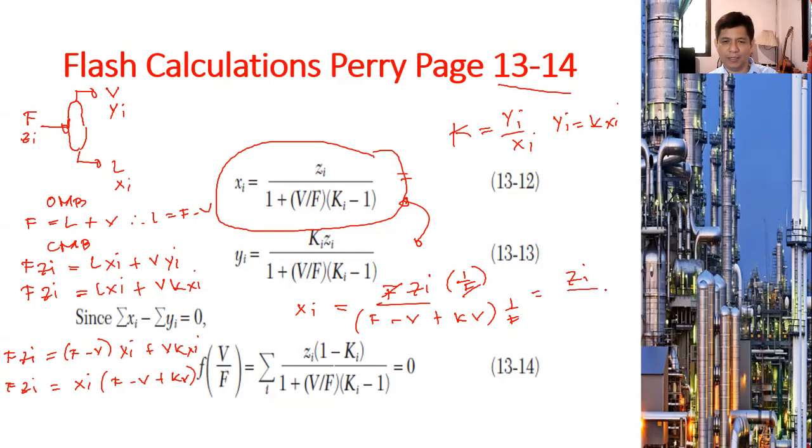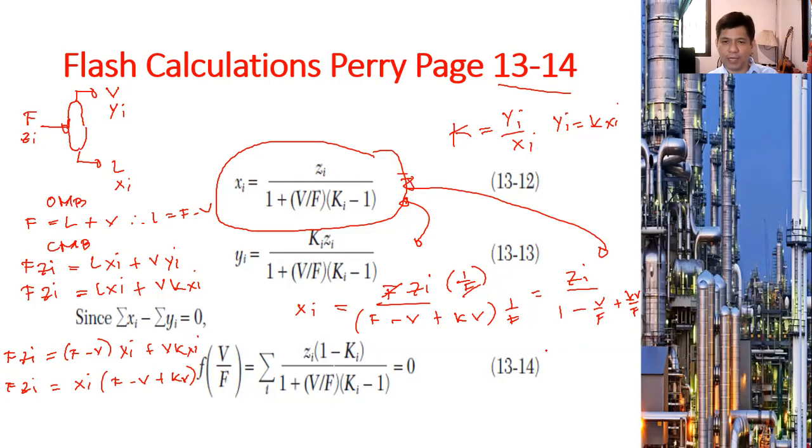Z sub I, tapos 1 minus B over F, tapos plus KB over F. Tapos you just factor out B over F, positive B over F, just like this one. So if you factor out positive B over F, yung matitira na lang dyan ay K minus 1. I hope you get that these two are the same.